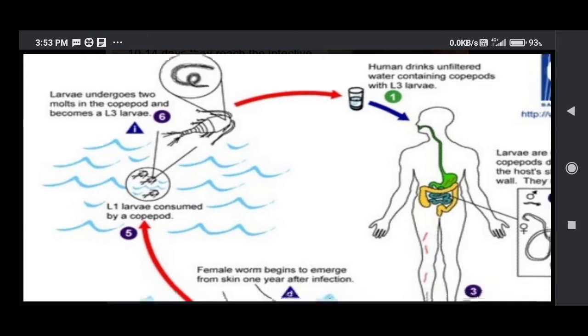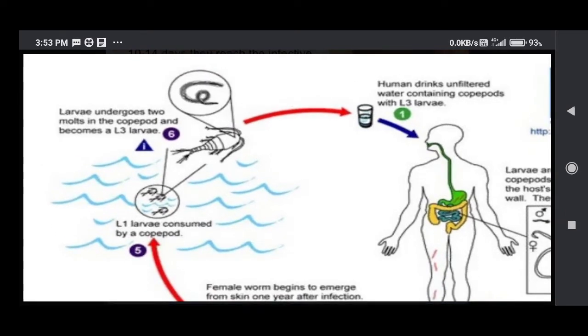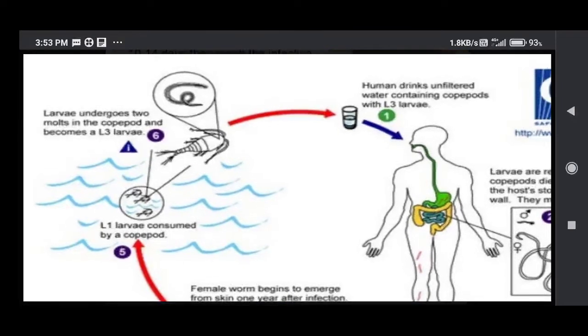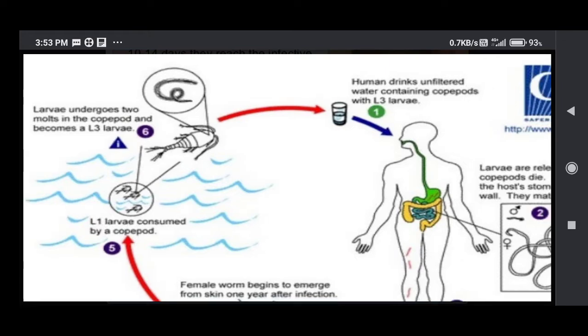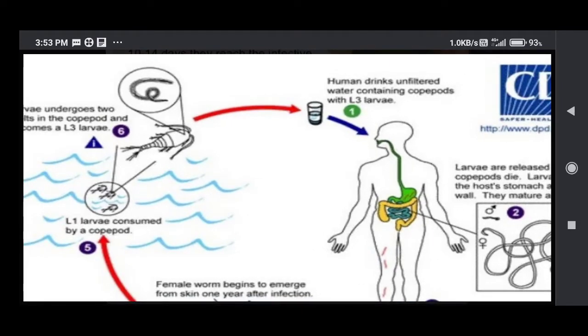At this stage, the larva comes out of the intestine into the coelom of the copepod.